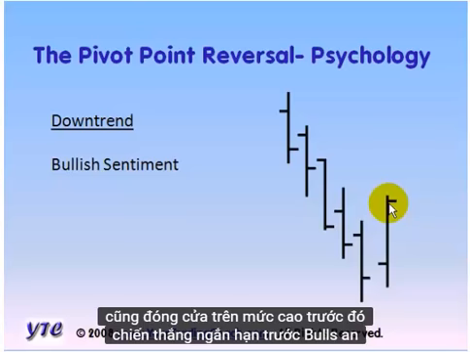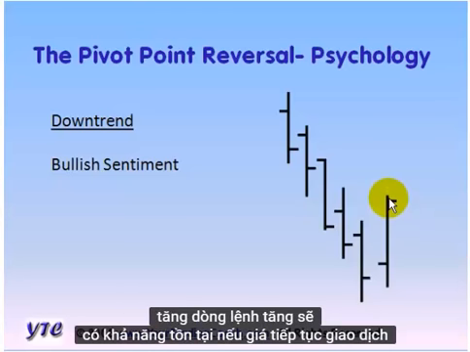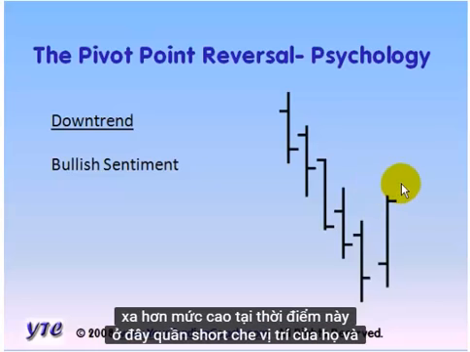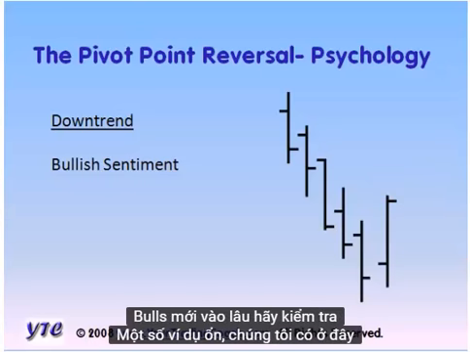Short-term victory to the bulls. An increase in bullish order flow will likely exist if price continues to trade further above the highs at this point here, as shorts cover their position and new bulls enter long. Let's check out some examples.